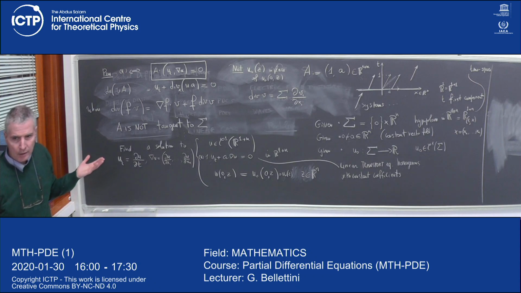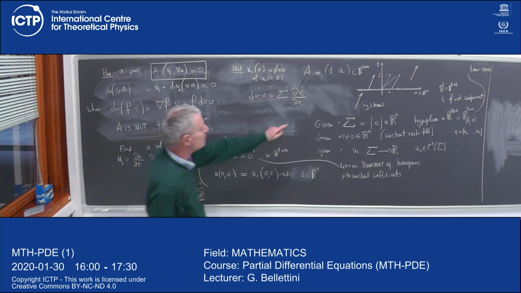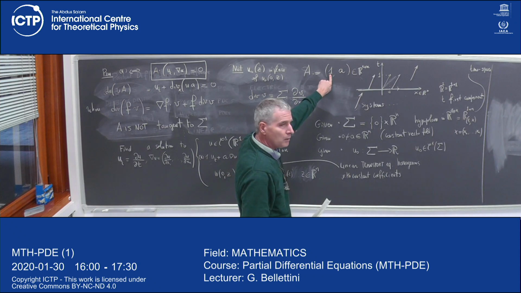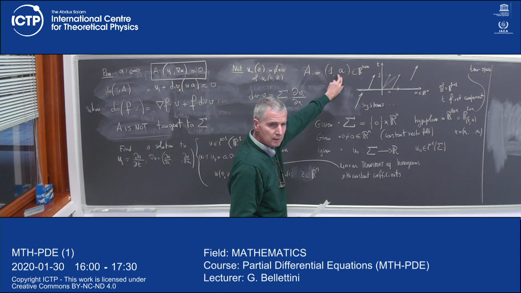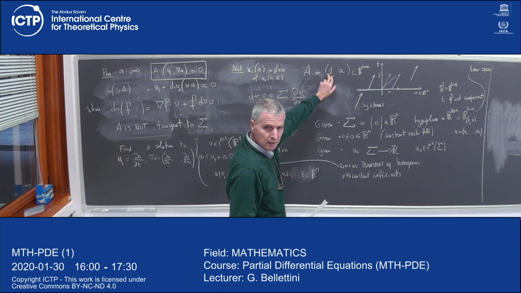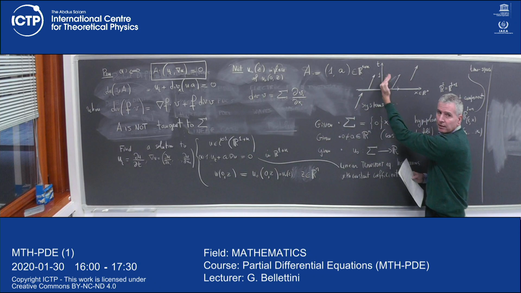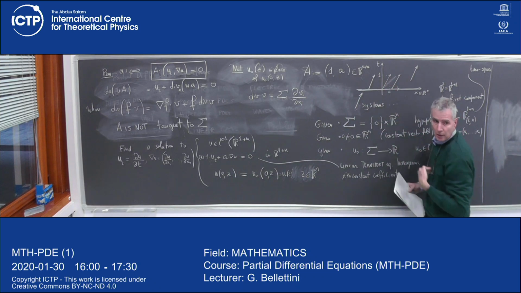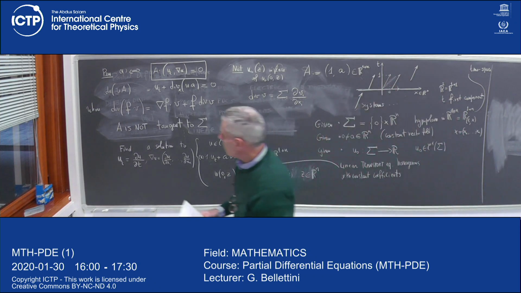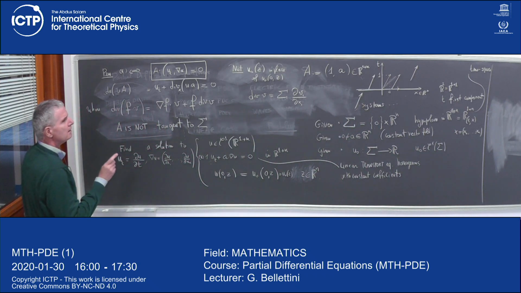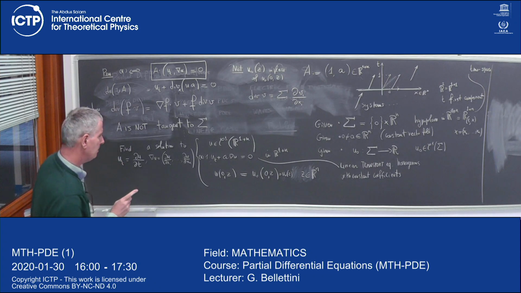Why is A not tangent to Sigma? Because capital A has first component 1. As soon as you have a vector with first component 1, whatever small a is, this vector has some vertical component and therefore is not tangent. Okay? So we say, in other words, that capital A is transverse to Sigma.